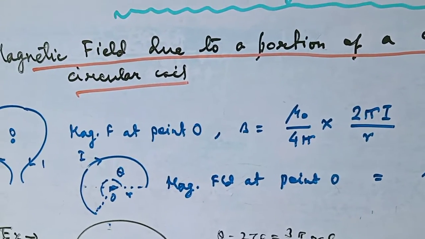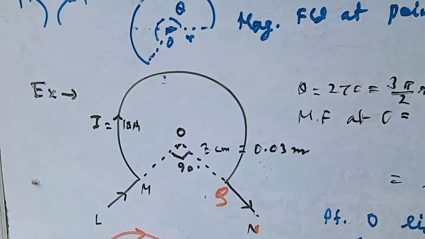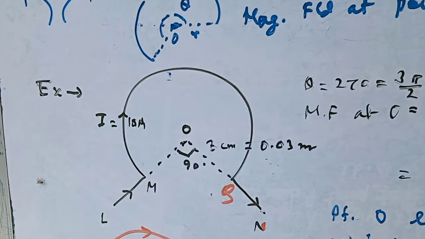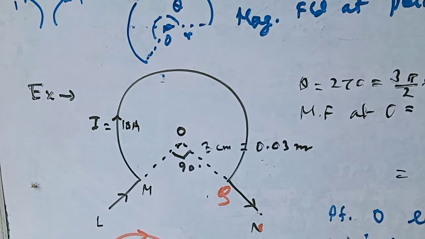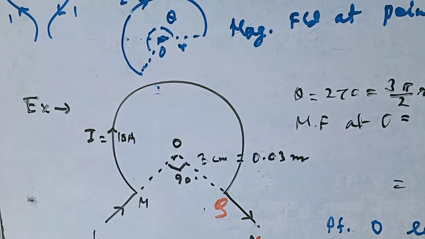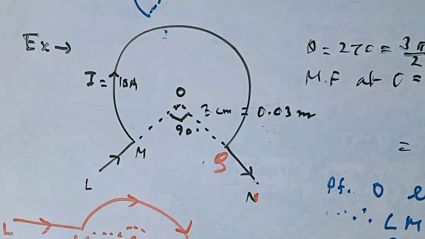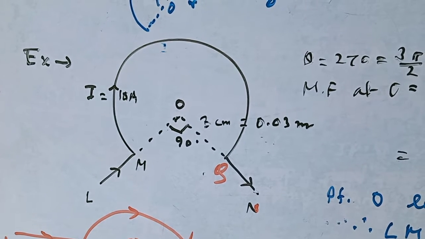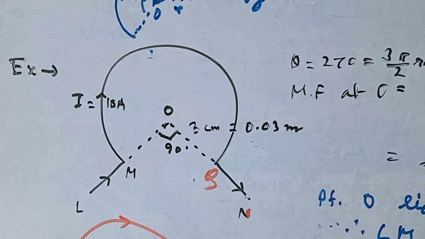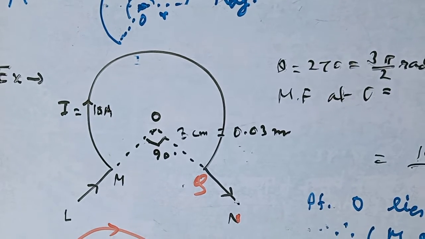Now what will happen if the bending is somewhat different? See, the bending is somewhat different from the previous one. Let LM be a straight line, and along the line falls the center of the arc O. Again through LM the current enters and it follows the path to Q, and then again goes out from the circular loop through QN, and it also falls along the line through O. So NOQ are collinear, and LMO are collinear.